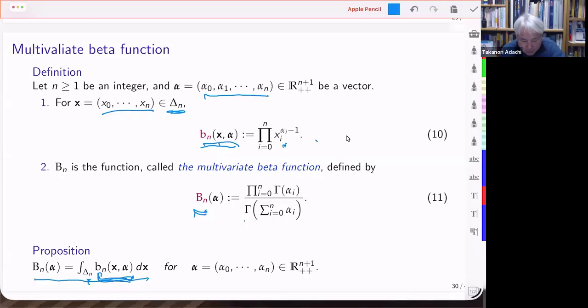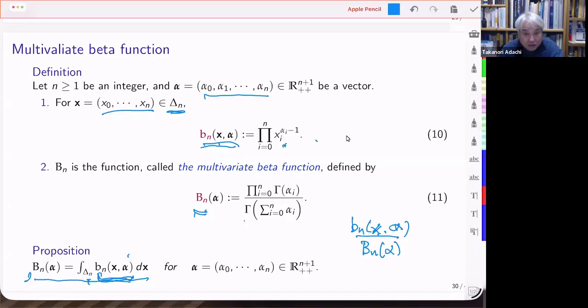Okay. From here we can make a kernel for the probability densities like this. This is a kernel for the point x. Then the sum of them is 1, of course, by these equations.